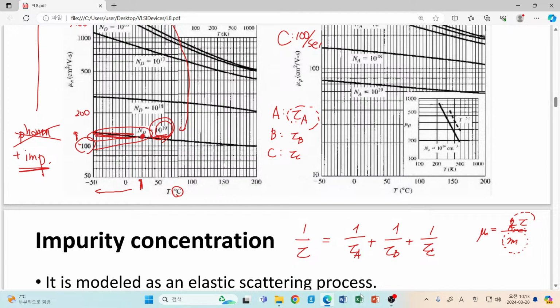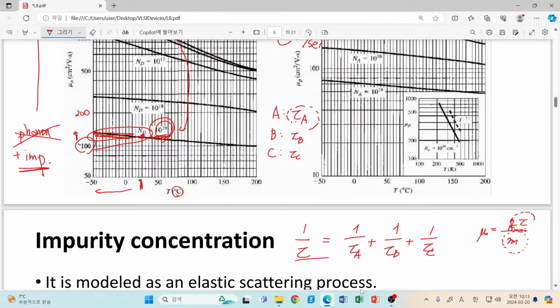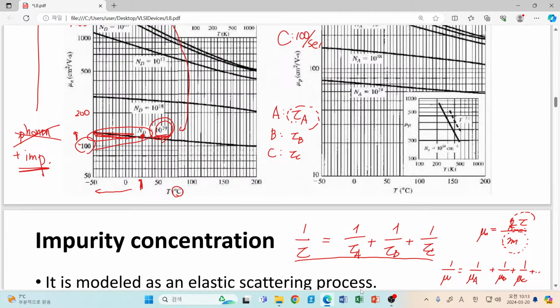So roughly speaking, instead of this kind of inverse sum of relaxation times, we can say that the inverse of mobility can be obtained by one mobility limited by one scattering mechanism, and another scattering mechanism, and another scattering mechanism. We can make it that way.